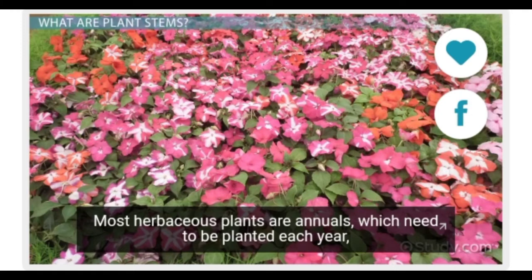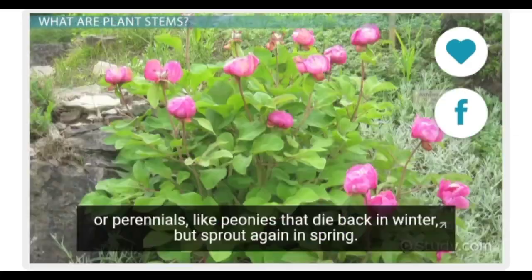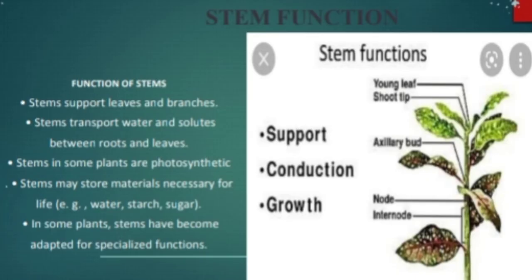Most herbaceous plants are annuals, which need to be planted each year as they die over the winter, such as petunias, or perennials like peonies that die back in winter but sprout again in spring. So let's pursue the functions of stems.